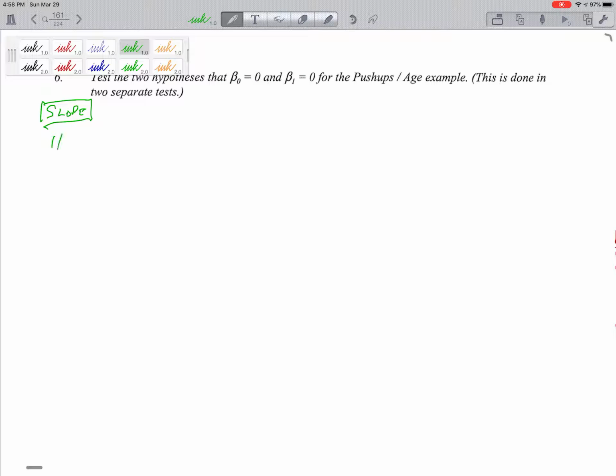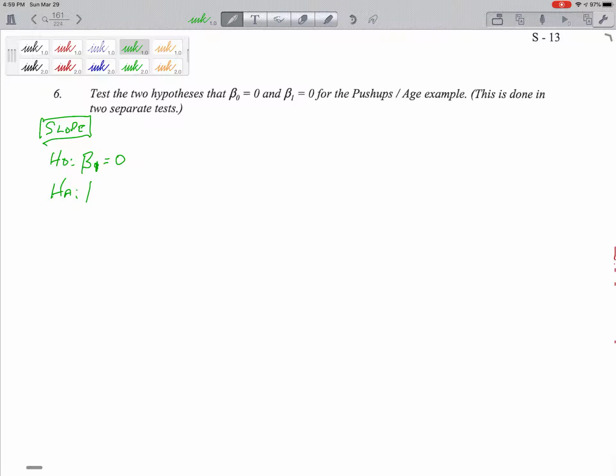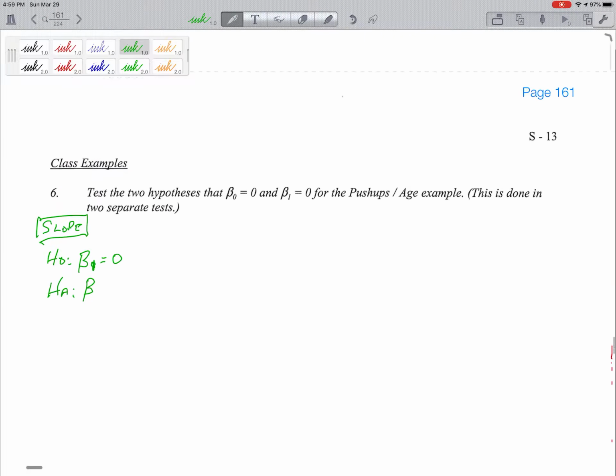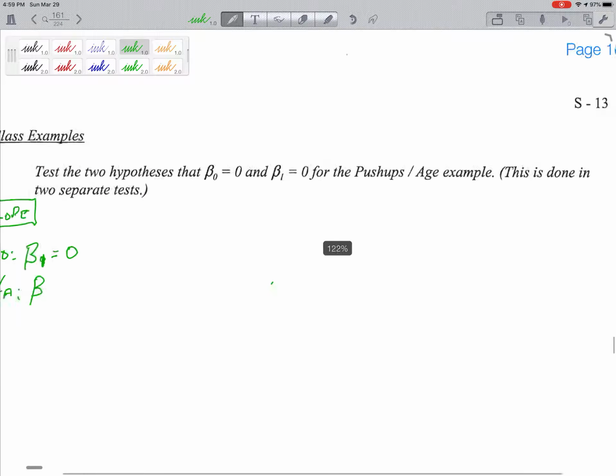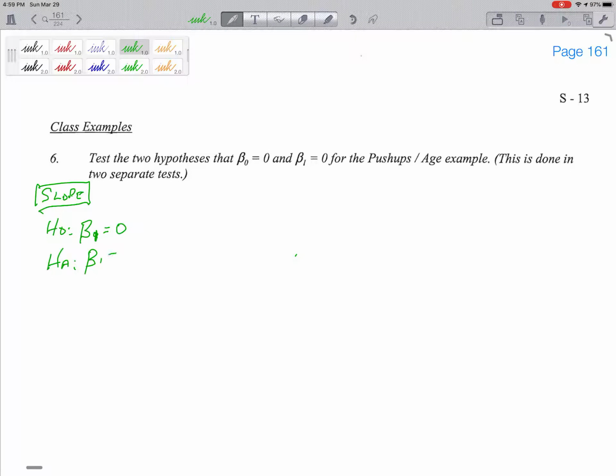And we're going to be testing that the slope, beta 1, is equal to 0 against the alternative. Now this was the age push-ups example, and so when we looked at this earlier, I'm going to test this as a two-sided test because I don't know whether there's a positive relationship or a negative relationship.